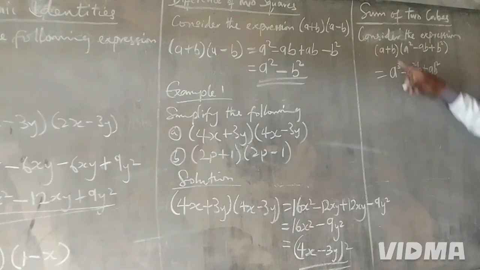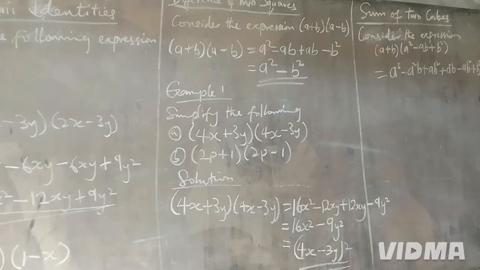Now let's go to B. B multiplied by A squared. Are we good? B again multiplied by minus AB. Are we good? Yes. The last one. B multiplied by plus B.